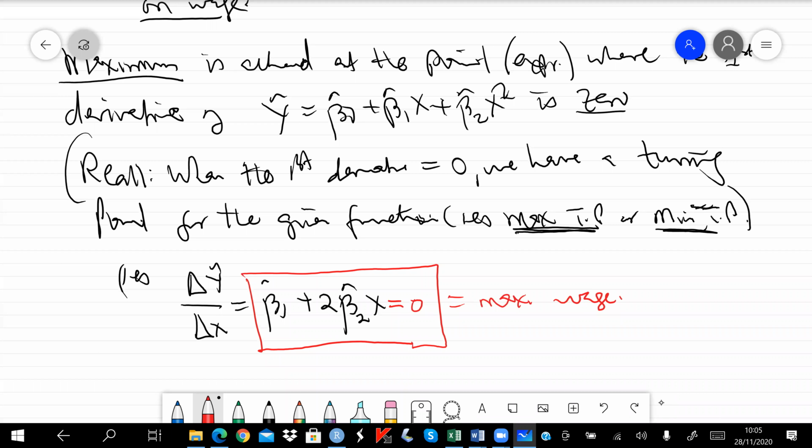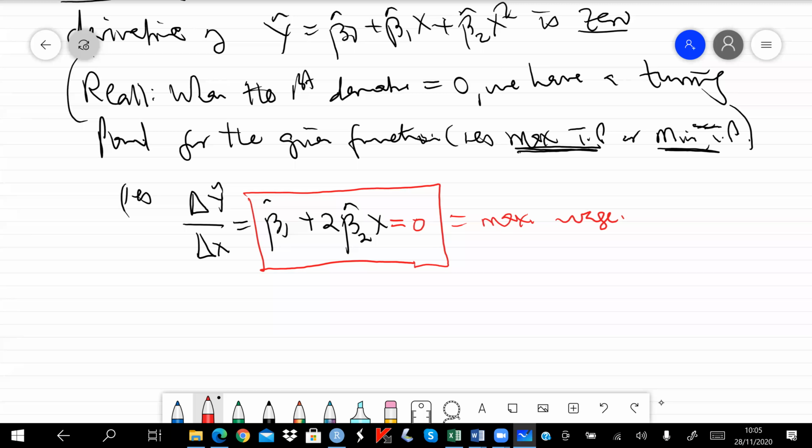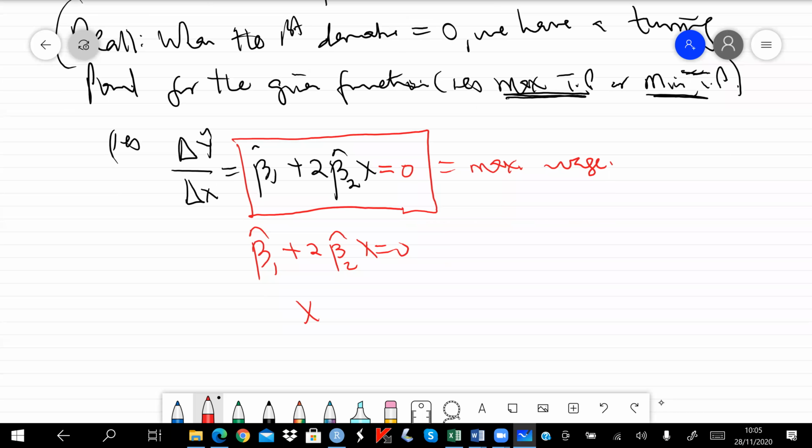So we can find the value of x which will give us the maximum wage. Simplifying, beta 1 estimate plus twice beta 2 estimate of x is equal to 0, so you can make x the subject. x is equal to minus beta 1 estimate divided by twice beta 2 estimate.